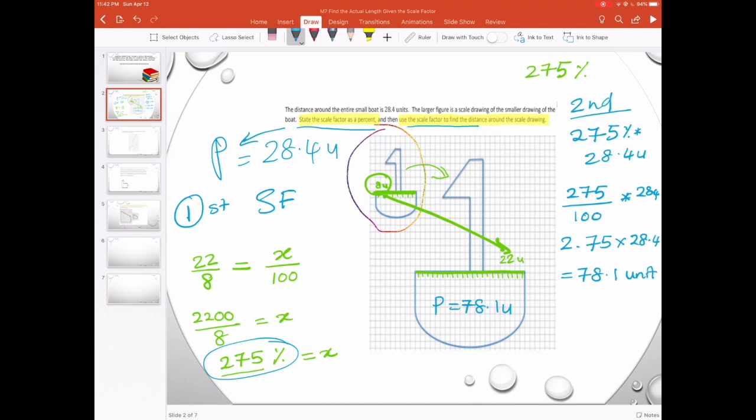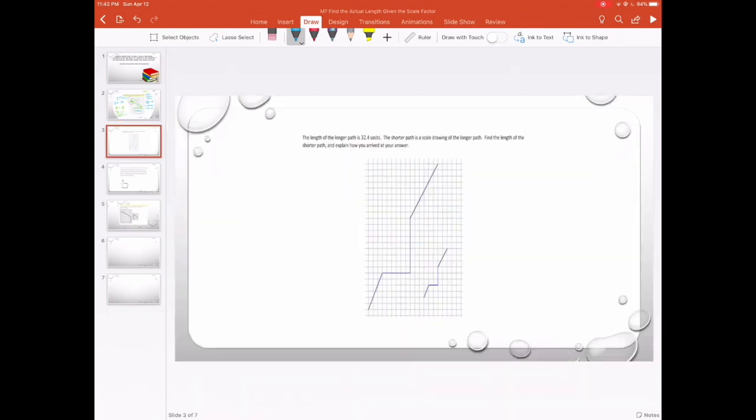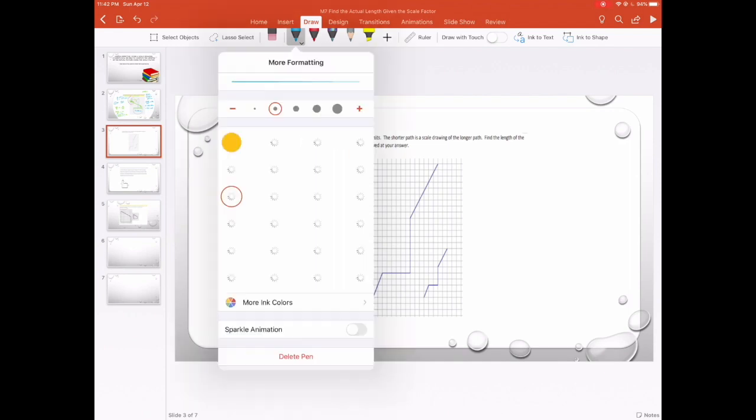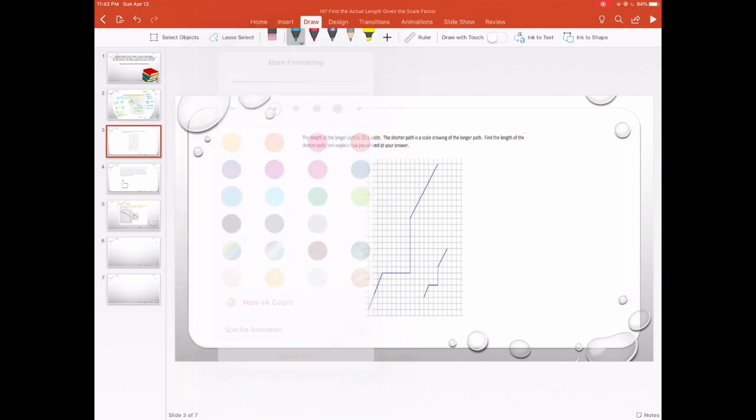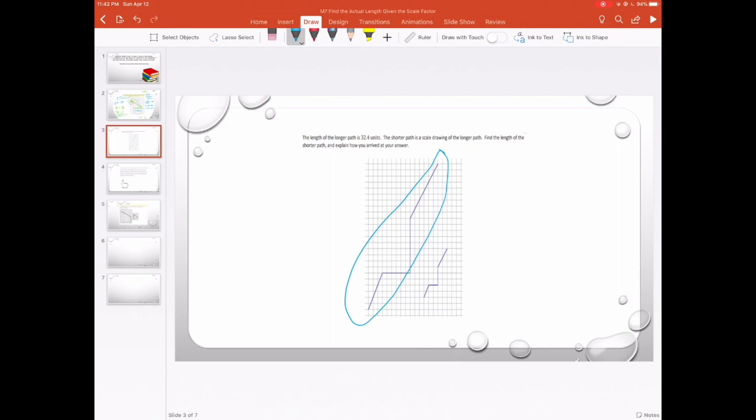All right, moving on to the second problem. This one is saying the length of the longer path, which is this, is 32 and 4/10 units.